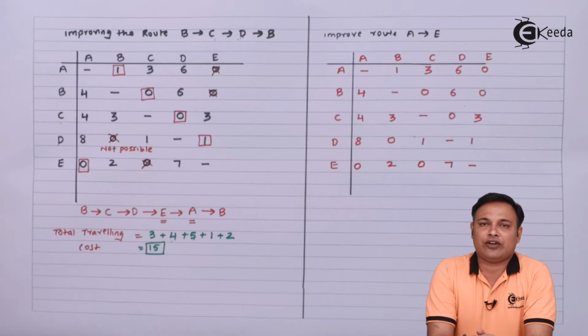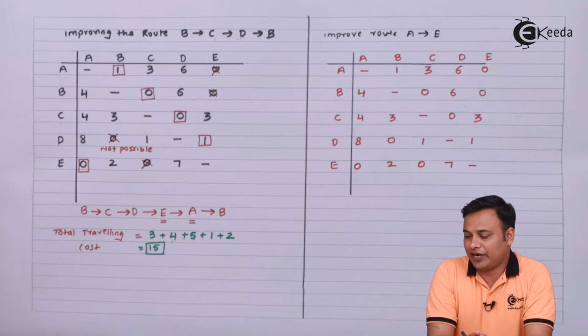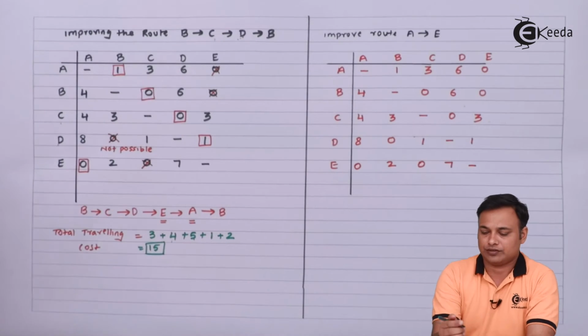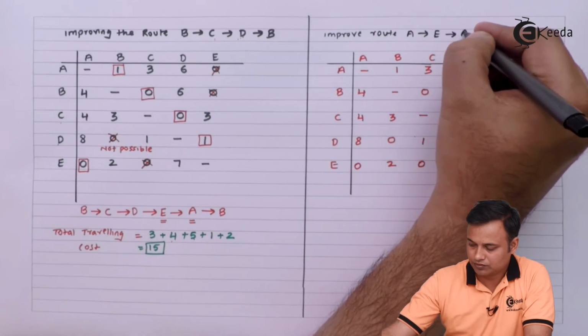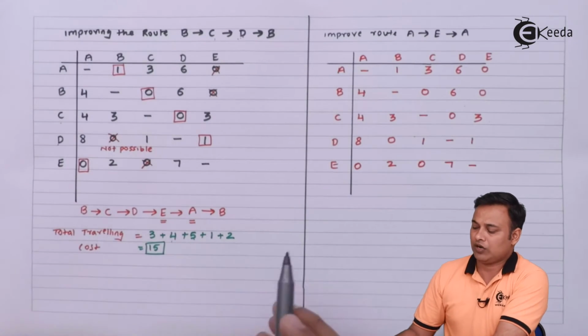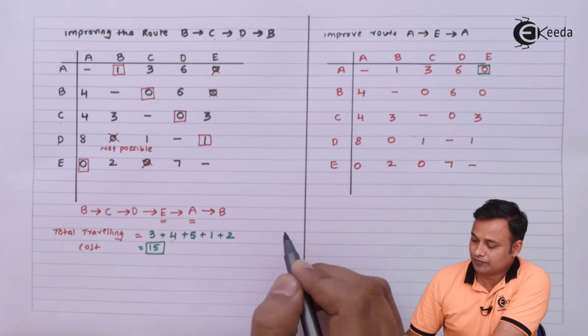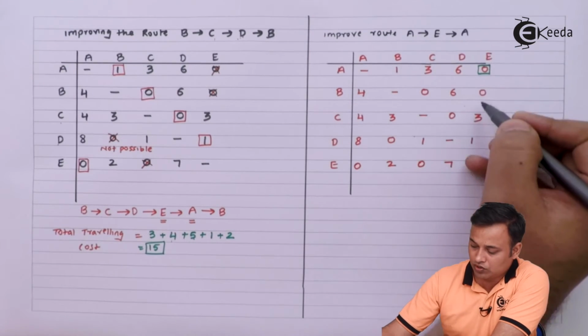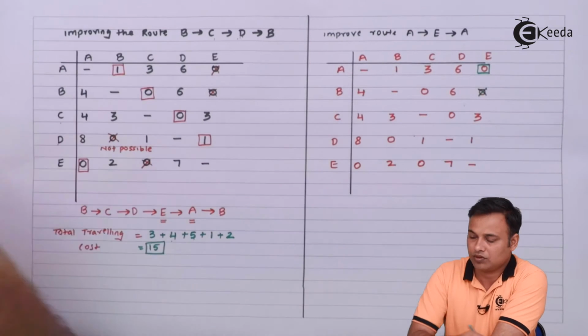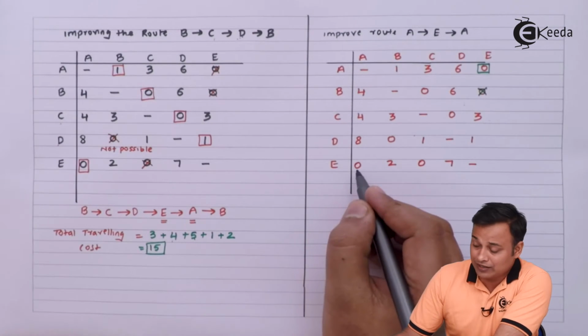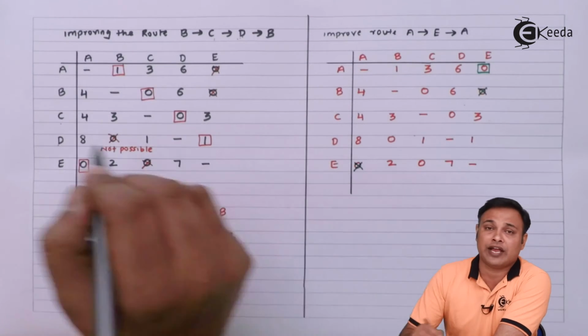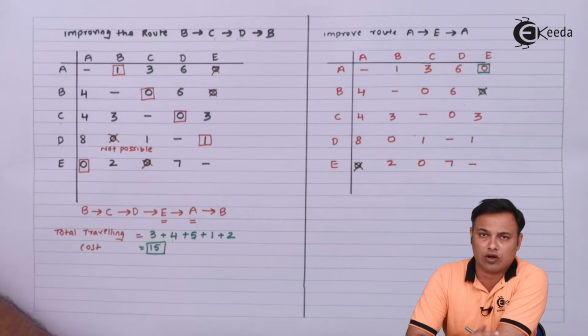So now we are trying to improve the other route, that is A to E and E to A. Now first I'll go from A to E. I'll cancel all the other zeros. From E I can't come back to A because I need to cover all the other cities.